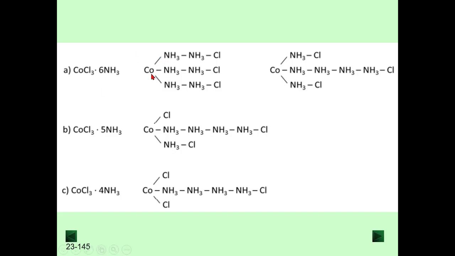Nitrogen is in the chain: one bond in the chain, one bond with the cobalt, one bond with the other nitrogen atom, and similarly 3 hydrogen make bonds.